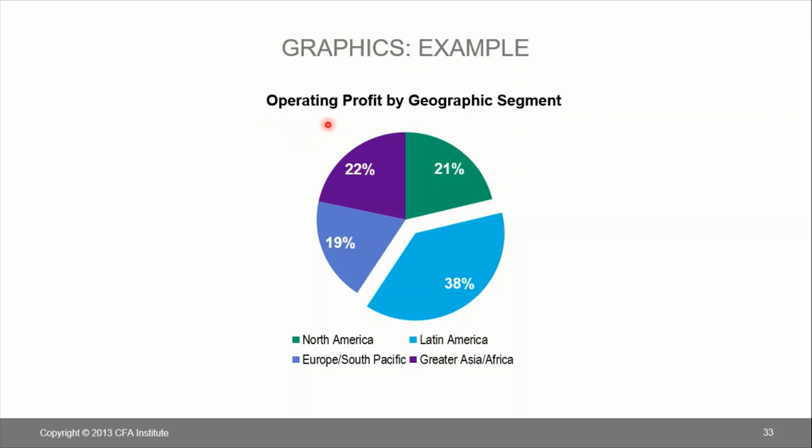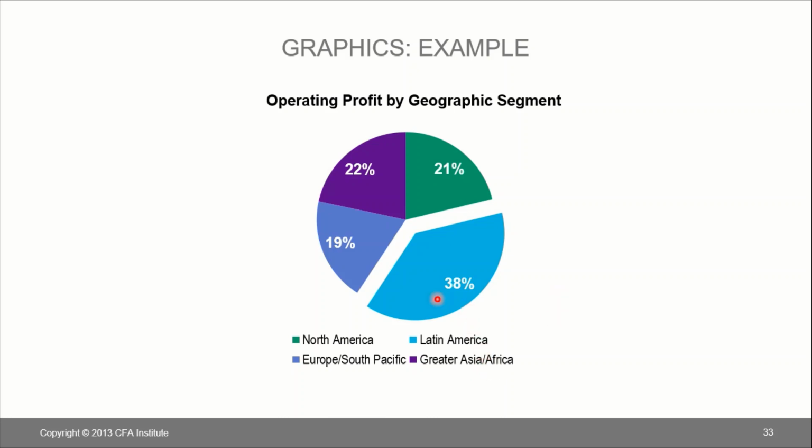Okay, so without looking at the financial statements, or without looking at the financial reports, this is a simplified information which shows the percentage of operating profit depending on these different continents. As you can see, this is North America, this is Europe and South Pacific, this is Latin America, and Greater Asia and Africa.